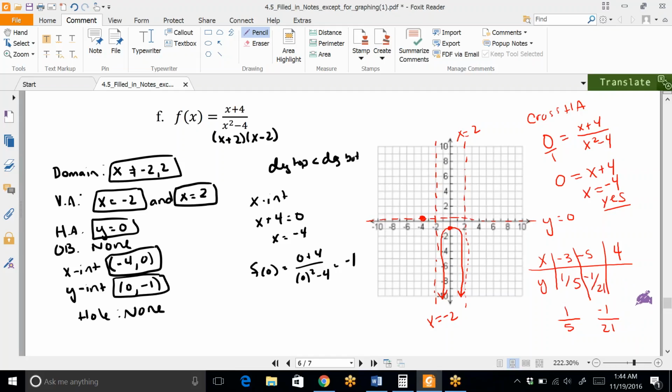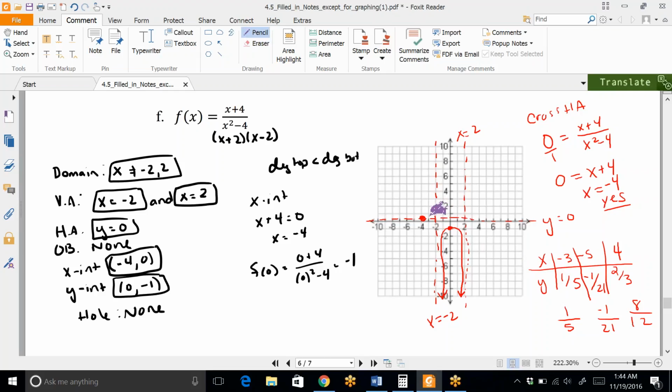And if you plug in 4, that is 8 over 12, which is 2/3. So if we plot these, -3 is at 1/5. So we are hovering above this asymptote. I did that backwards. I graphed backwards.